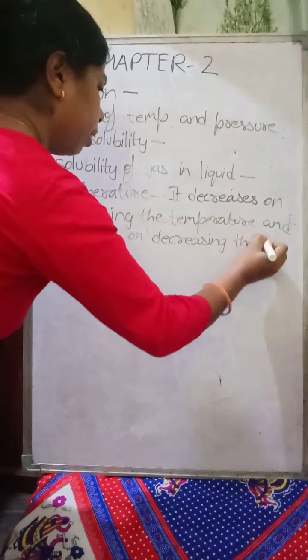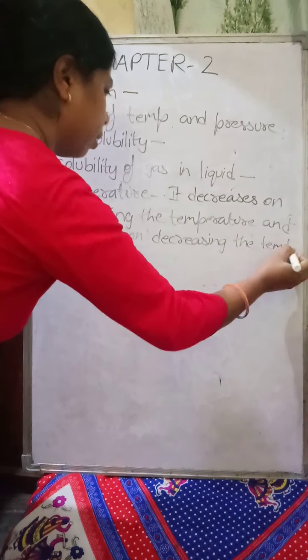So as you know, when we increase the temperature, then the kinetic energy of the gas molecule also increases. As a result, it comes out of the solution. And when we decrease the temperature, then the kinetic energy of the gas particle decreases and it remains in the solution.